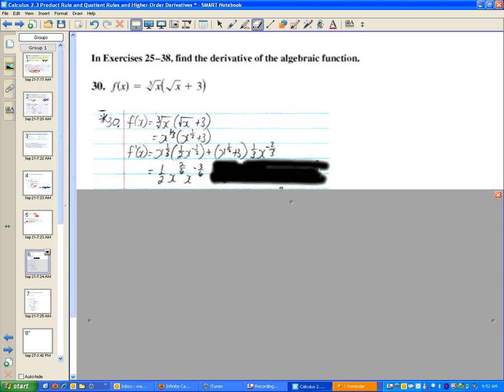Okay. Now, on the other side of my plus sign, I need to distribute that 1/3 x to the negative 2/3, and I need a common denominator if I'm going to add the exponents. So distribute the 1/3, and then the x to the negative 2/3 and the x to the 1/2. Write the x to the 1/2 as x to the 3/6. Write the x to the negative 2/3 as x to the negative 4/6.